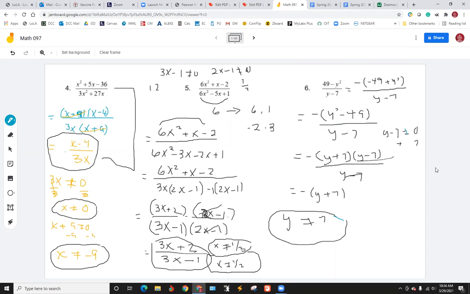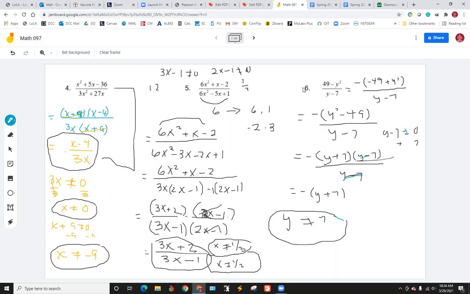Now, as I said, once you turn this around by factoring out that negative sign, you're going to have the negative, which is essentially a -1, times y plus 7 times y minus 7. And then the y minus 7s go out, and you're left with negative y plus 7.